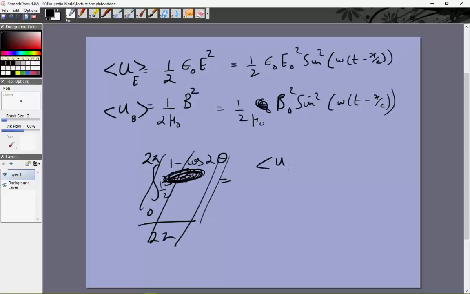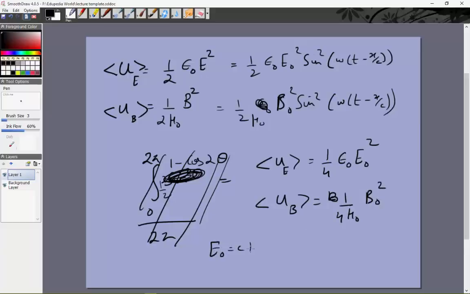So the average energy density due to electric field is half of this. That will be 1 by 4 epsilon naught E naught square. This is E naught and this is E. Remember the difference. The average UB will be equal to 1 by 4 mu naught B naught square. But we know that E naught is equal to C B naught, right? And we know that C square is equal to 1 by mu naught epsilon naught.